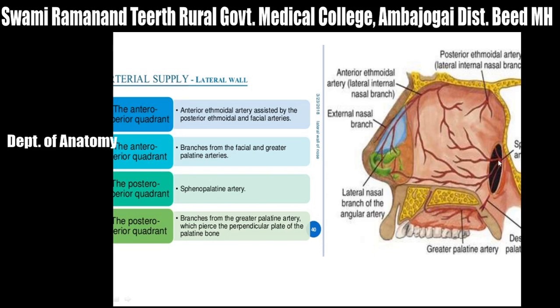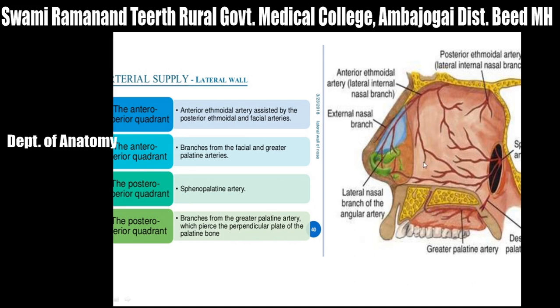So this is the sphenopalatine artery and this is the greater palatine artery. This is the arterial supply, because the nose is a highly vascular structure covered by a mucous membrane, and these are the blood vessels which supply the lateral wall of the nose.